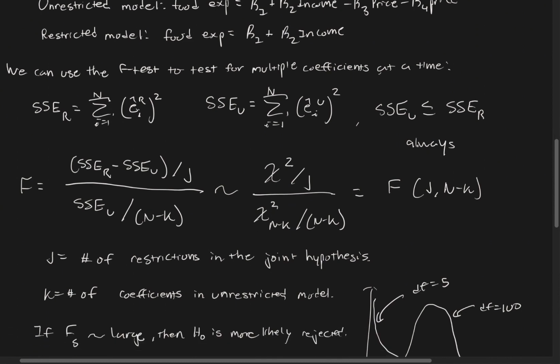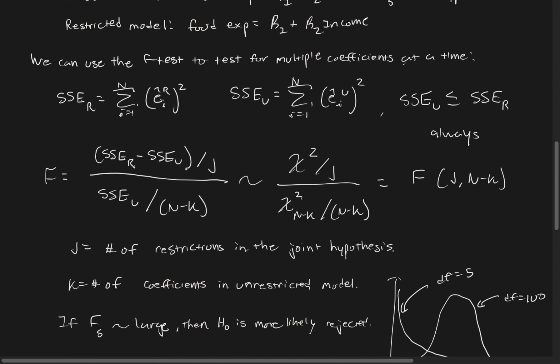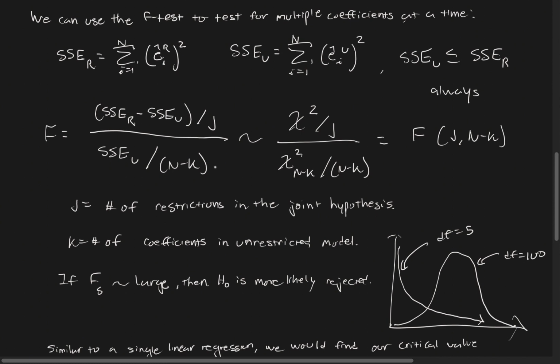So almost always our sum of squared error in the restricted model will be higher, and that's important because that determines how we calculate the F statistic, where we take the difference of them divided by J, which is the number of restrictions in the joint hypothesis.